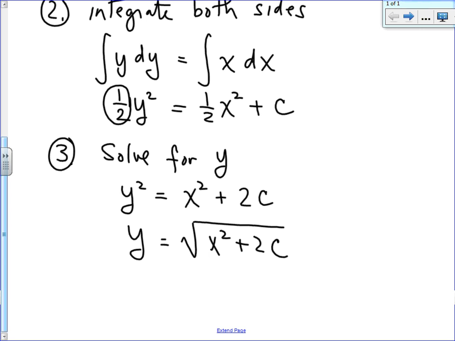Unless they give a domain that requires you to do the negative part, but it'll be very clear. Unless it's stated completely, like it'll say, hey, for y less than 0 or something like that, then you would have to do the negative part. But I haven't seen that, so I think you're pretty safe in saying just do the positive part.